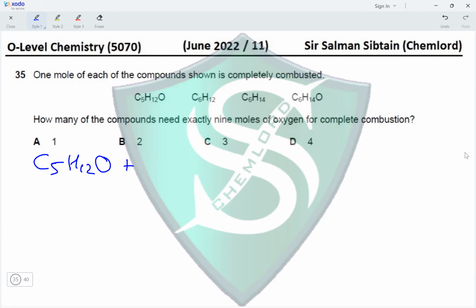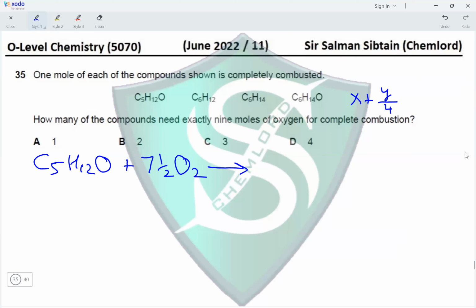X is 5 and Y is 12. So the moles of oxygen would be X plus Y upon 4, right? So 5 plus 12 upon 4. 12 upon 4 is 3 plus 5 is 8. And we have 1 mole of oxygen here. So we subtract half from 8, which gives us 7.5 moles of O2.